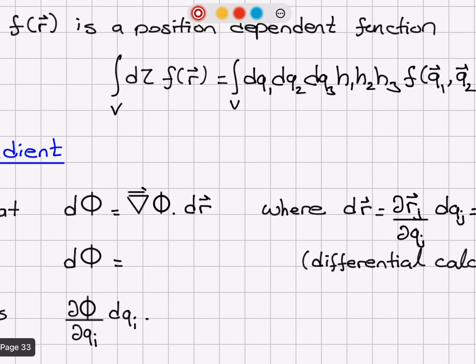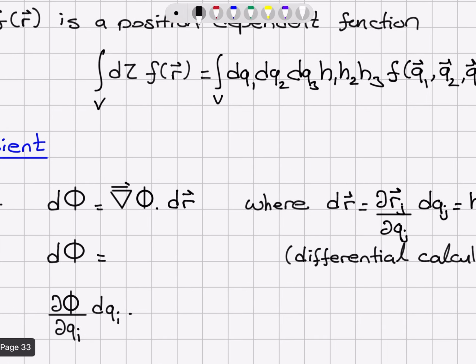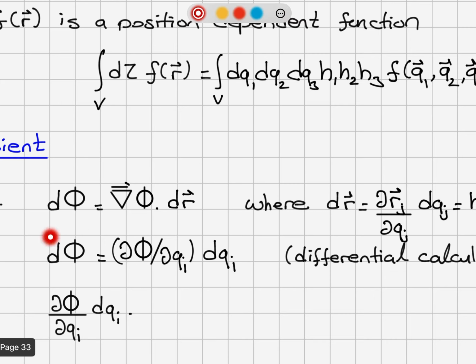Now we have also a change in scalar function given by differential calculus as the partial derivative of the scalar field phi with respect to qi multiplied with dqi. So we can put this together. So this is the meaning of a differential change in the scalar function phi.